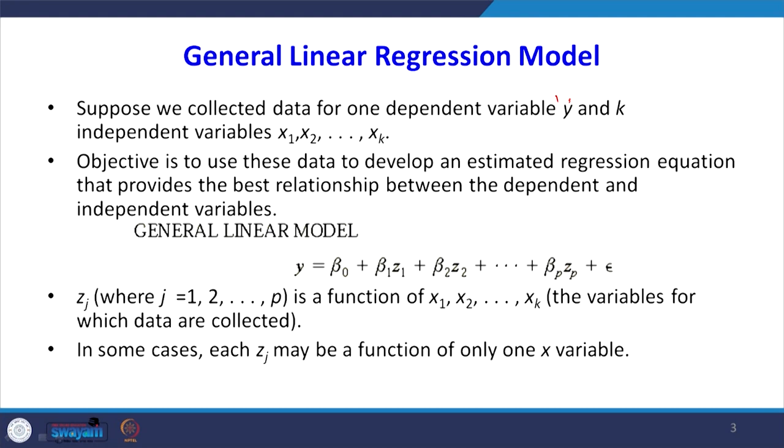Here zj, j equal to 1, 2 up to p, is a function of x1, x2, the variables for which the data are collected.